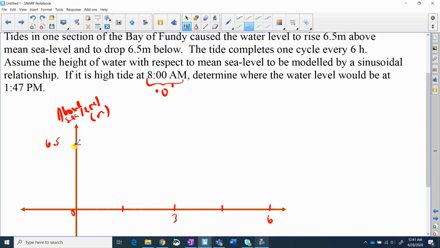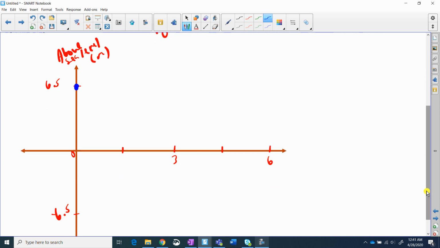All right, so let's start at high tide. There's high tide. I'll switch colors here. So high tide at 8 a.m. There's 8 a.m. Now think of how the water level goes. It's at high tide, low tide, back to high tide. So we're going to make that pattern.